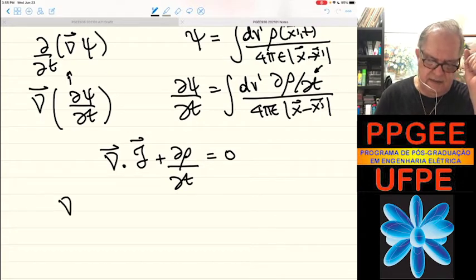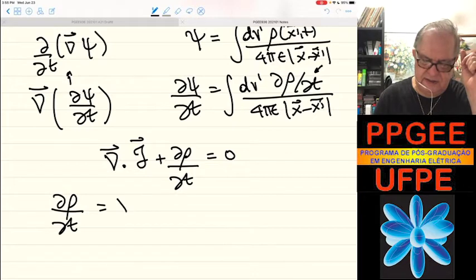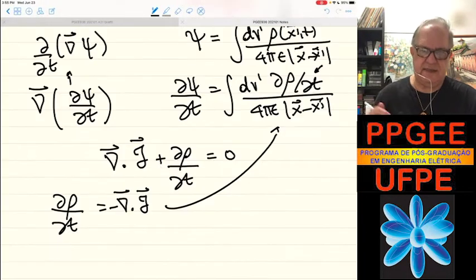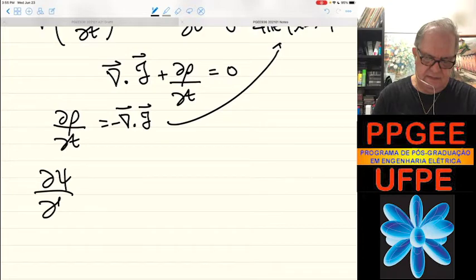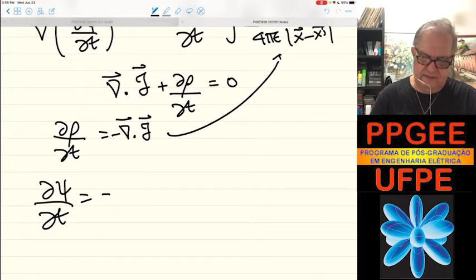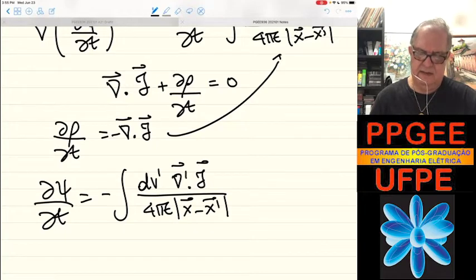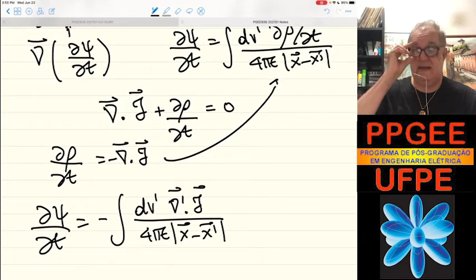So d rho dt equals minus the divergence of J. When I put that in there, d psi dt equals minus the integral of the divergence of J over 4 pi epsilon times the magnitude of x minus x prime, and then I have the nabla of that, right?